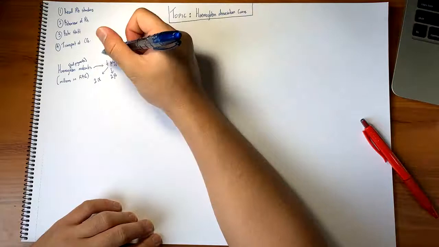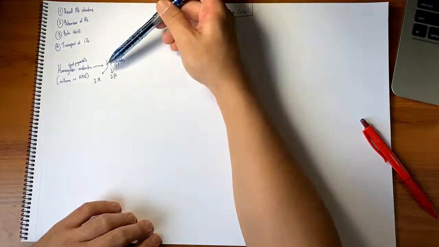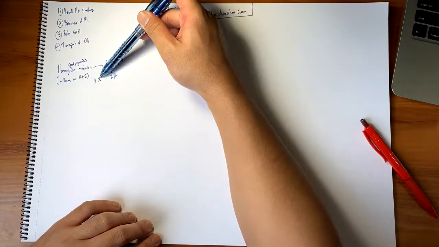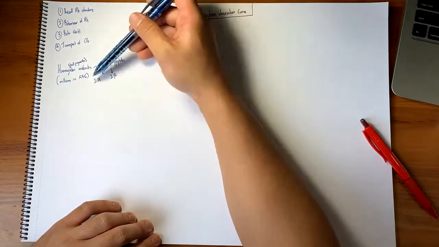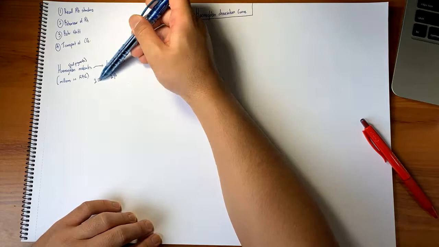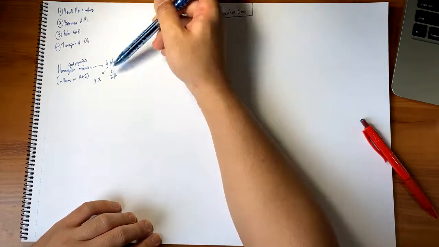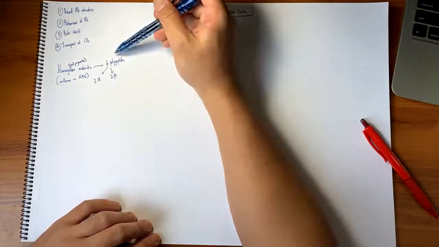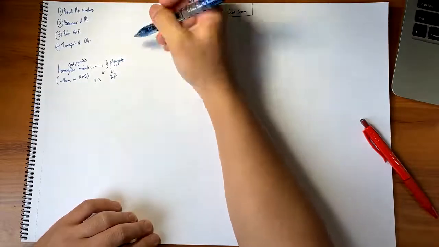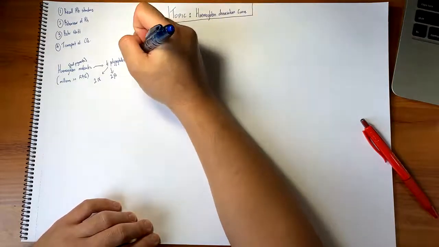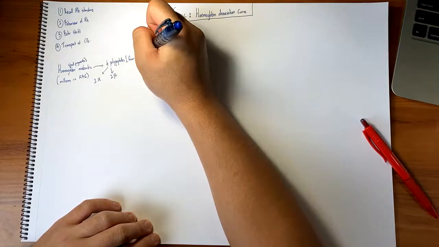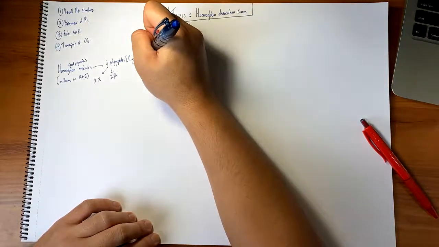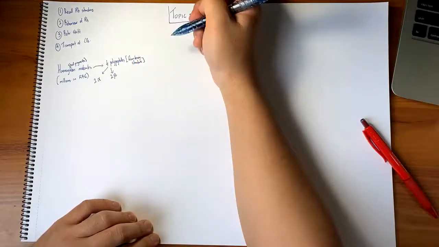You should be able to recall this. So it simply means 1 alpha plus 1 alpha plus 1 beta plus 1 beta polypeptide. That's what we call 4 polypeptides, and this is an example of a quaternary structure.